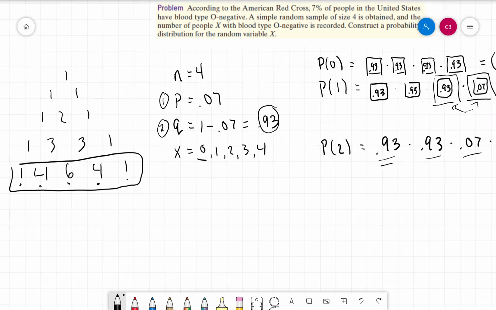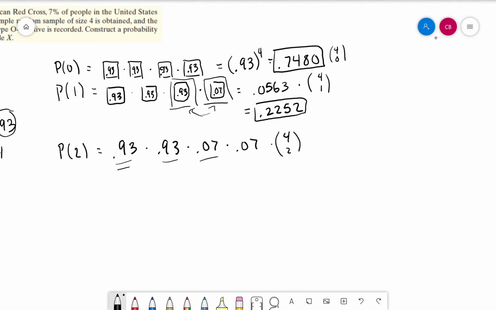So we multiply that by 6, and it gives us 0.0254. So there's about a 2% chance of that happening.